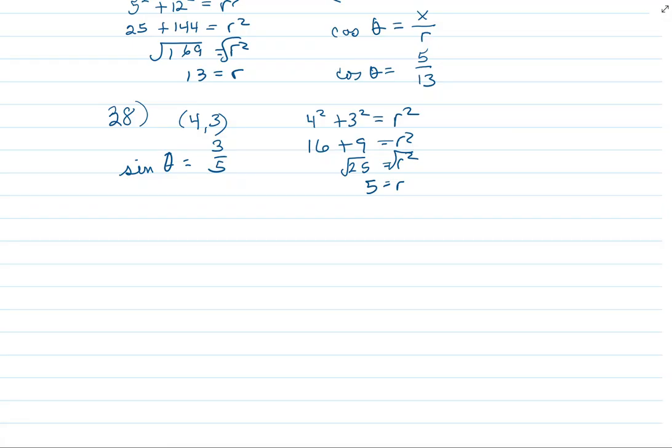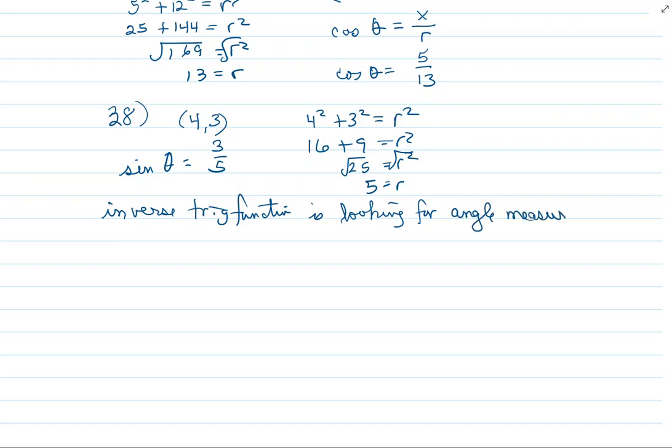And this is asking for angle. Any inverse trig function is looking for angle. All right. Now again, this is a unit circle. The inverse sine, and this is 39. Inverse sine of the square root of 2 over 2 is 45.